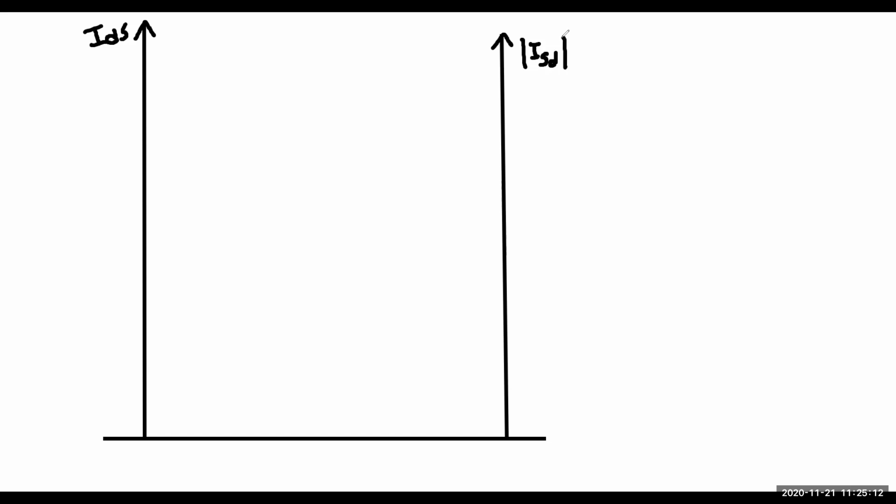No magnitude sign is required because IDS is positive, ISD is positive. In this scale, this is VDS, that means for NMOS. In this scale, it is VSD. Understood? Since our VDS is from 0 to 5, let's divide it from 0 to 5.